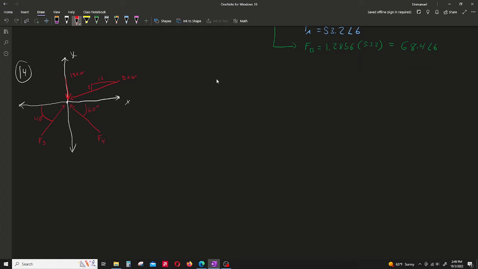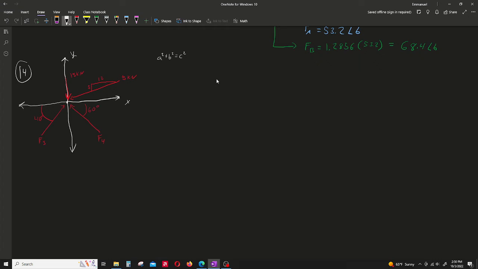Once I see stuff like this, the 5 and the 12, I always like to just go ahead and solve for that hypotenuse. So remember, a squared plus b squared equals c squared.